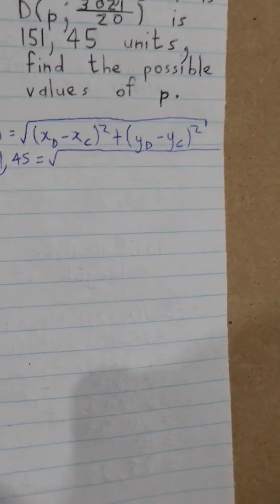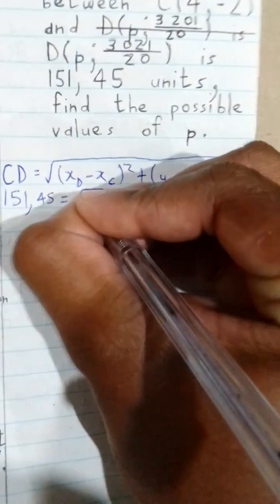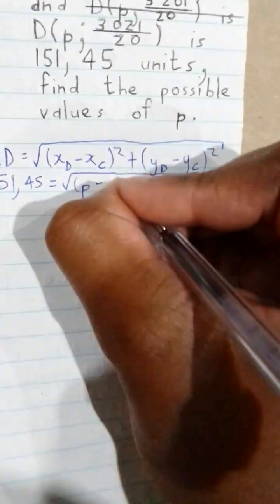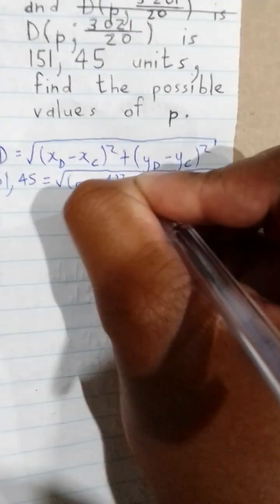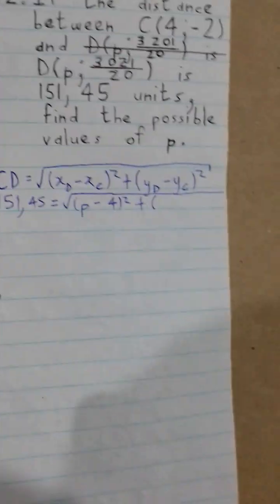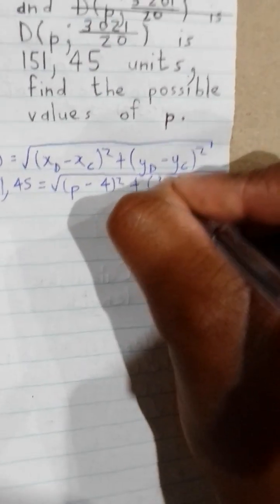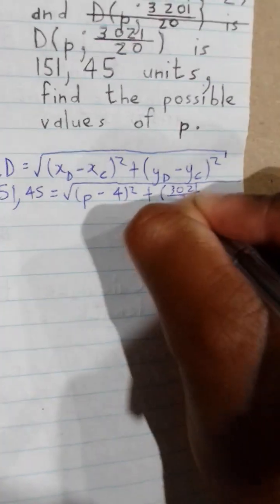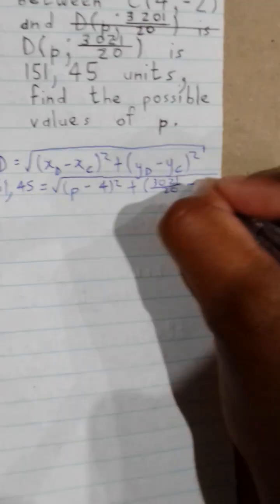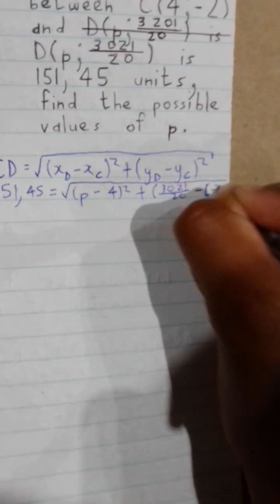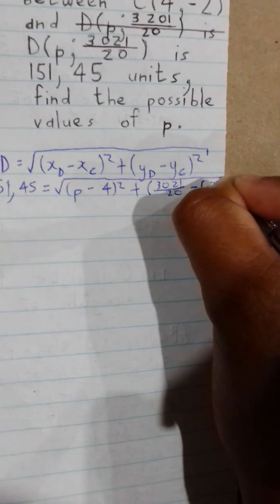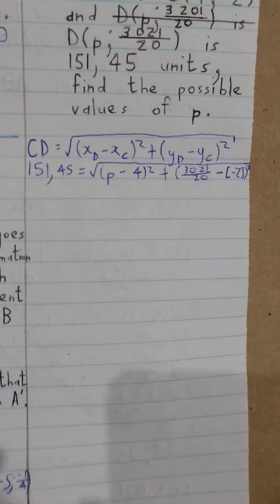So: x of D, p, minus x of C, 4, squared, plus y of D, 3021 over 20, minus y of C, negative 2, squared. I always apologize for my lack of space.